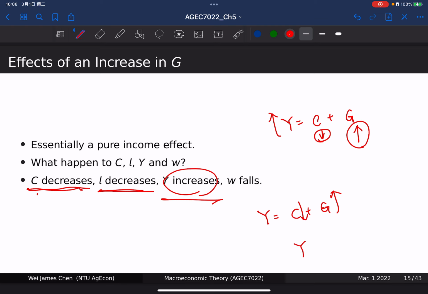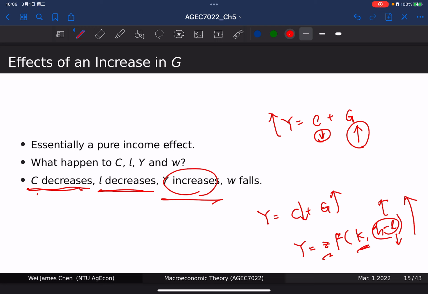So you're saying Y is Z times F of K and H minus L, right? Your leisure decreases, so this must increase, and K is fixed and Z is fixed. That's what you should say. Okay, that's one way to say it. Actually, he's correct.